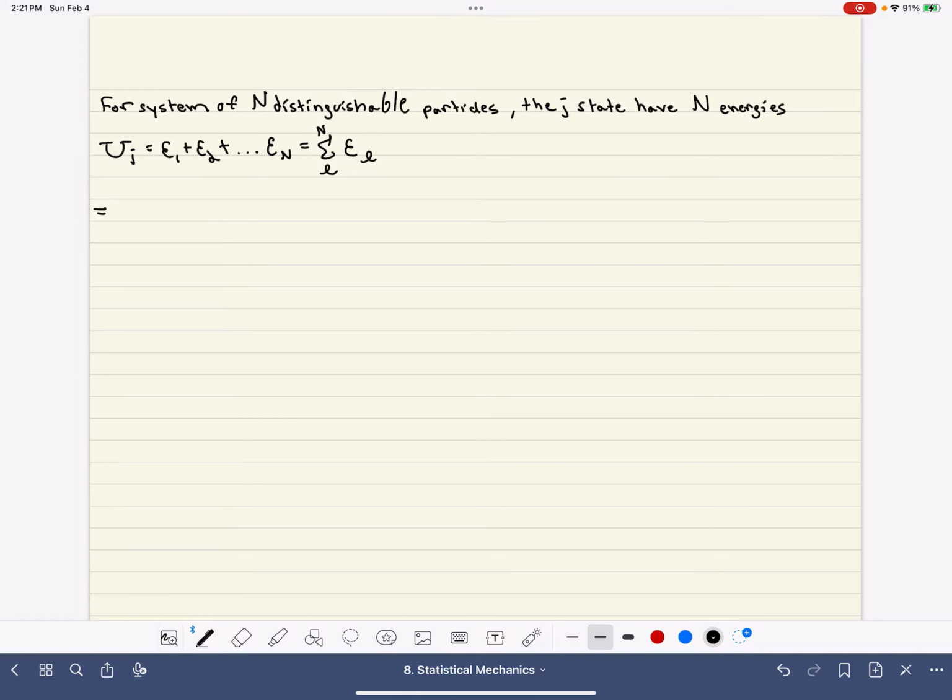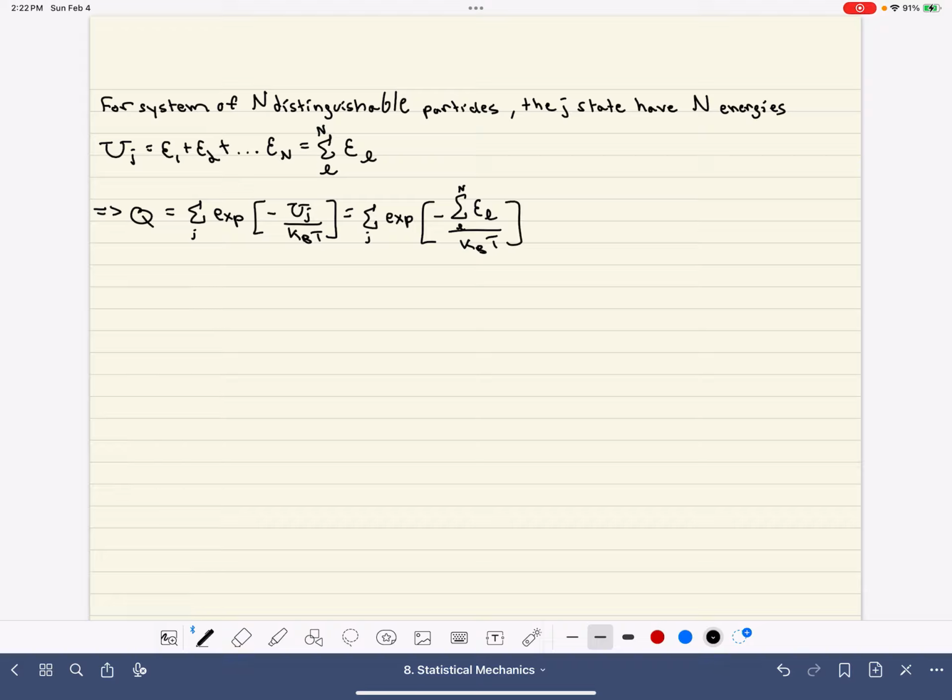And so the partition function Q would just be the summation of the exponential of negative uj over kBT, which is equal to the summation of the exponential of another summation, epsilon L over kBT.